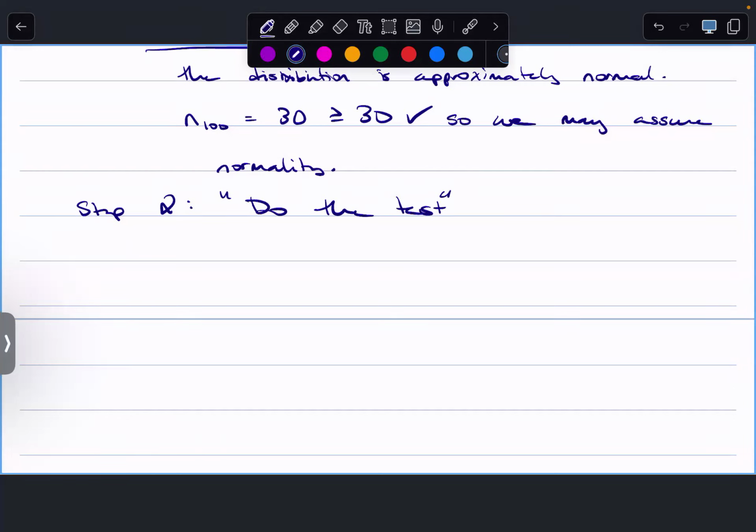From the formula sheet, T is x1 bar minus x2 bar, technically minus 0, divided by the square root of s1 squared over n1 plus s2 squared over n2.